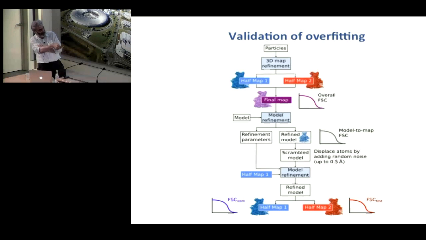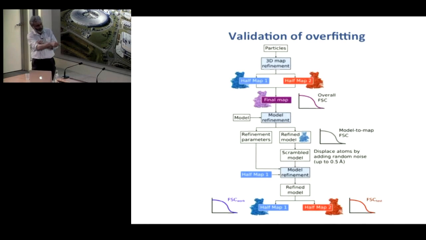But you cannot improve this FSC too much, or you may even decrease it, because the model may describe noise more than the signal, and the only thing common between these two maps, hopefully, is that the signal and noise are independent.